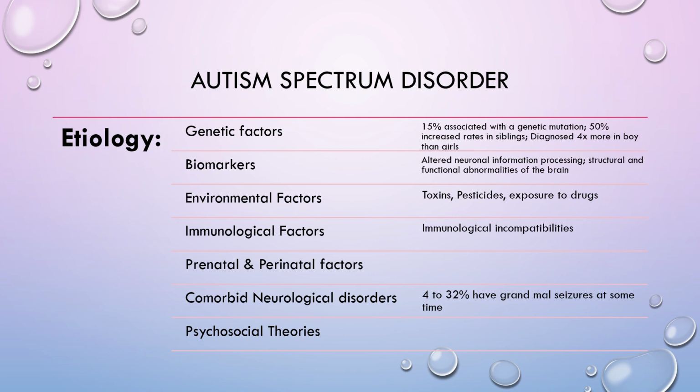Prenatal and perinatal factors, was there care, were there enough vitamins in the pregnancy, avoiding of certain diets and substances throughout pregnancy. Comorbid neurological disorders, 4 to 32% have grand mal seizures at some point in time. And that is just amazing to me, that there could be underlying seizure disorder. And I've had a client who actually began to have seizures about 12 or 13 years of age, and always had the complaints of not being able to go to sleep, just absolutely too stimulated and could not sleep at night.